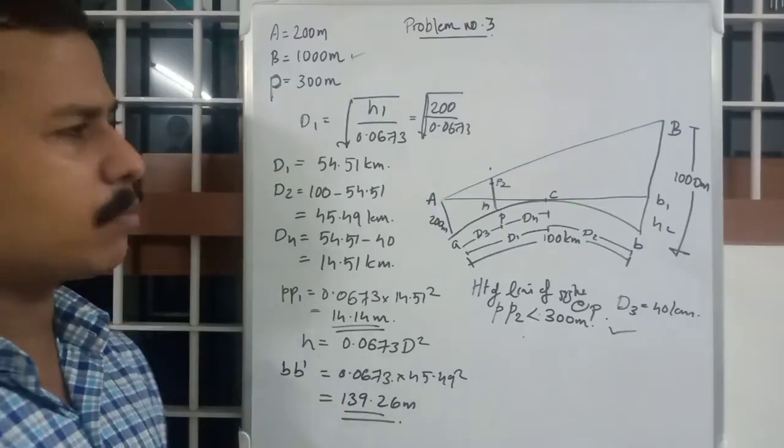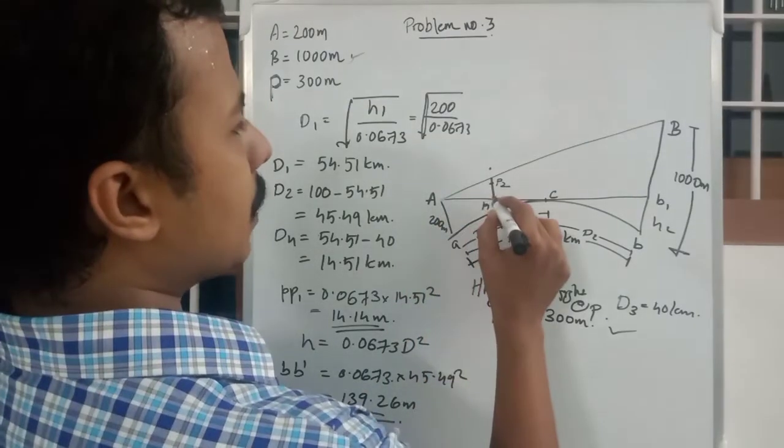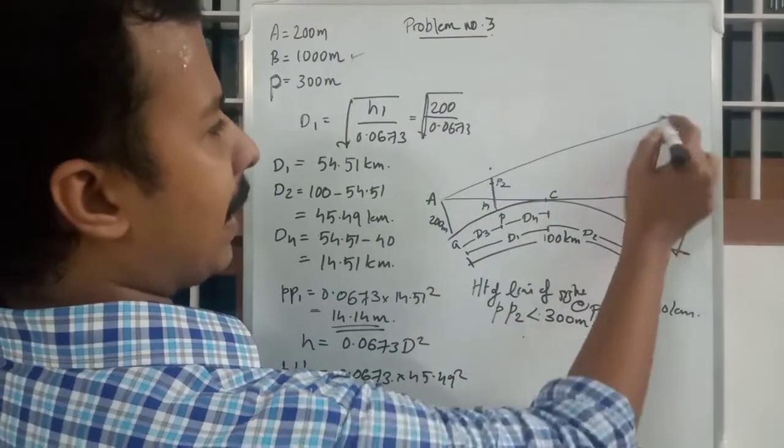Okay, so we have estimated or calculated all the other things. Now the next step is very simple. We will consider similar triangles.